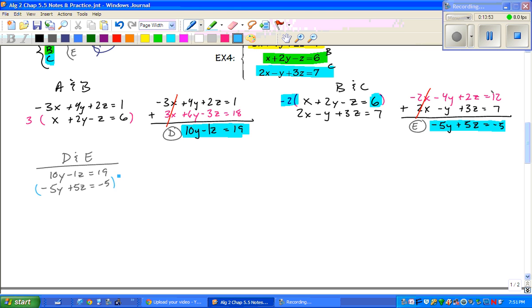Okay, now I'm going to cancel out the y's, because that's just the easiest to do. So I'm going to multiply everything by 2. My top equation stays the same, equals 19, and then we get negative 10y, 10z equals negative 10.